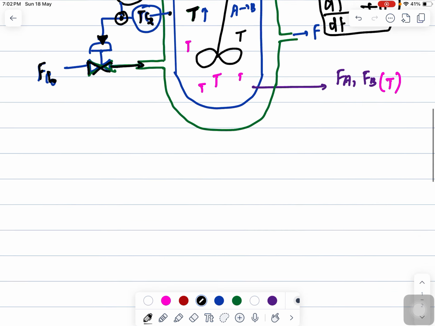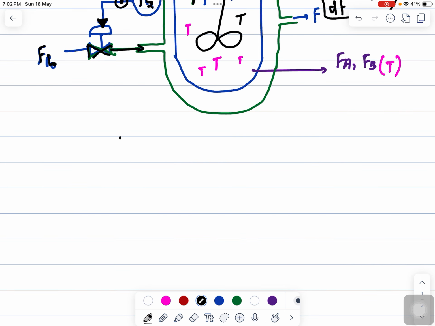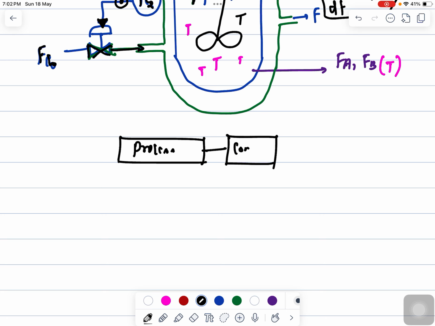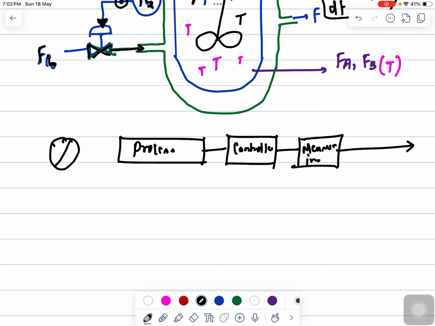So what you will see here, in this system there is a process, and there is a controller, and then there will be a measuring instrument, and then you will be getting an output, and here there will be a comparator. This is what the control system looks like, and this one is a temperature set point, right?